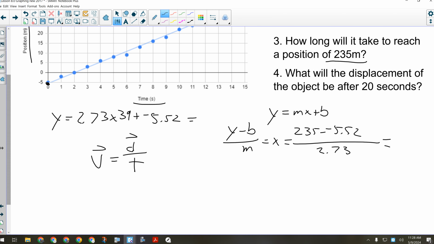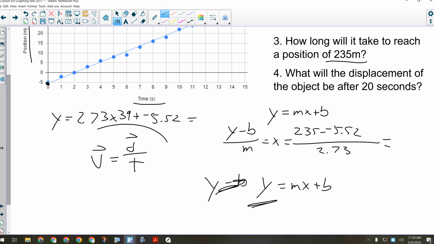I can, because it's different than finding the final position. If I do y equals m times x plus b, I'm finding the final position, not the displacement. Remember, this thing starts below the x-axis. If I just find the final position, that is not the displacement. I would have to subtract another negative 5.52.